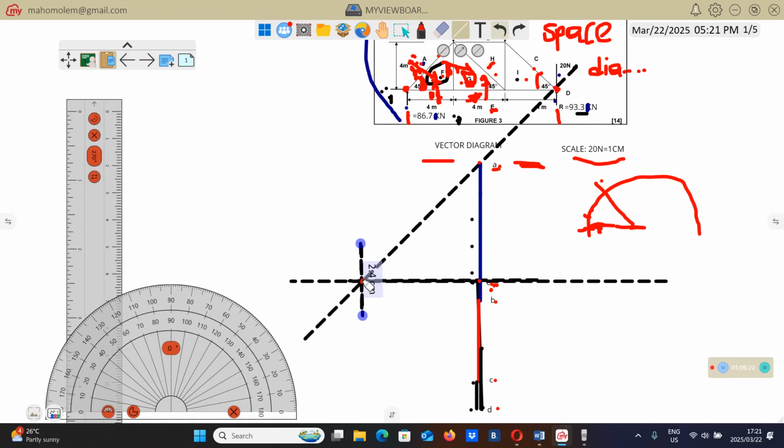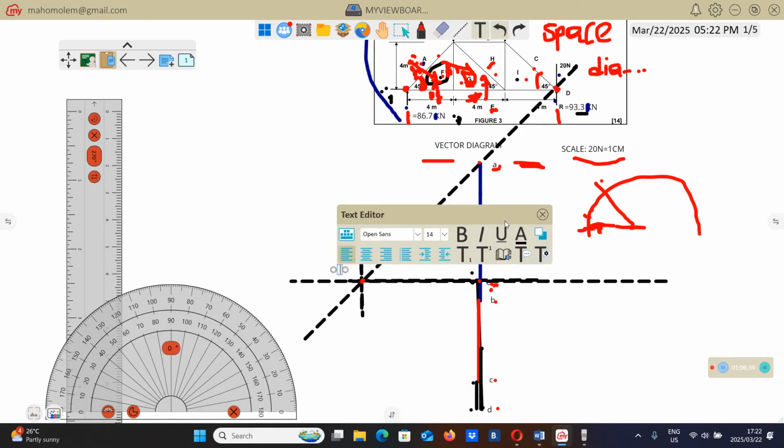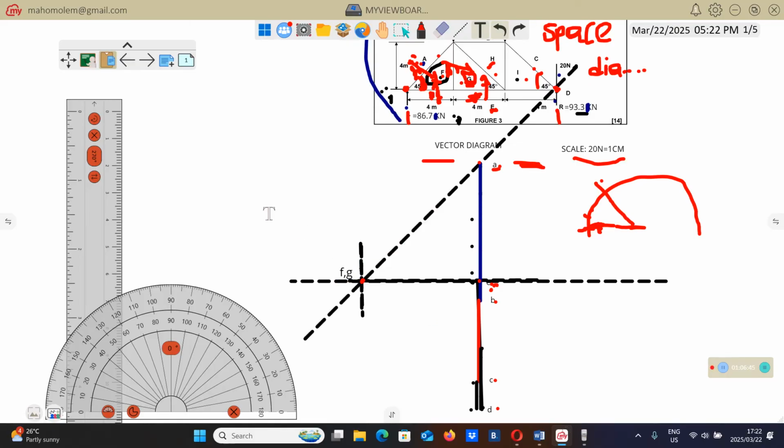So at the very same point where you see the red dot, that point is going to be point F and G at the same time. So F and G are located at the same point.